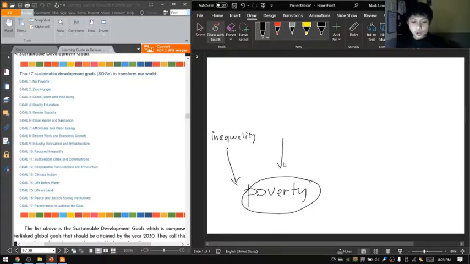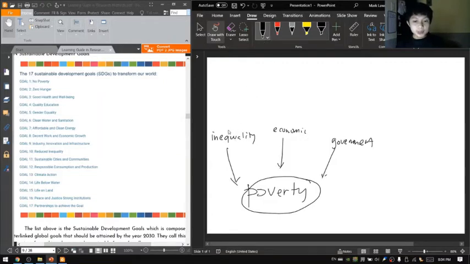You can also put it into perspective: economic. We can also say it's government. I don't know what else yet. So when we say inequality, this is one of the reasons why there is poverty.